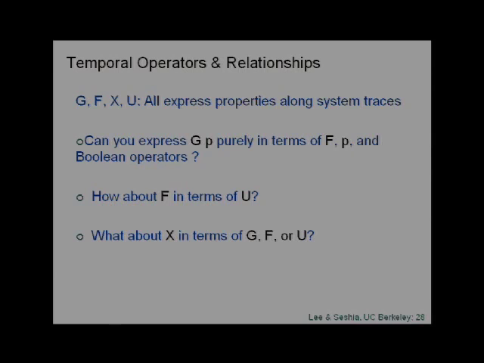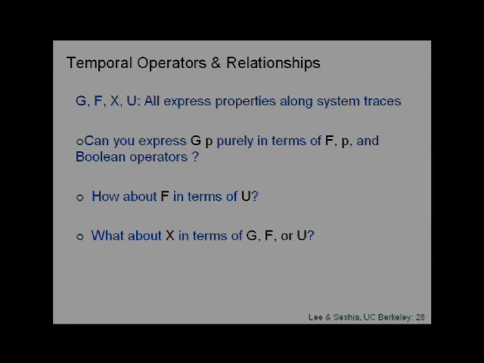You can say true until P. So what would that mean? It means that P is true here, and then true is true everywhere, which is a trivial statement, right? The formula true is definitely going to be true in every state. So that's exactly right.